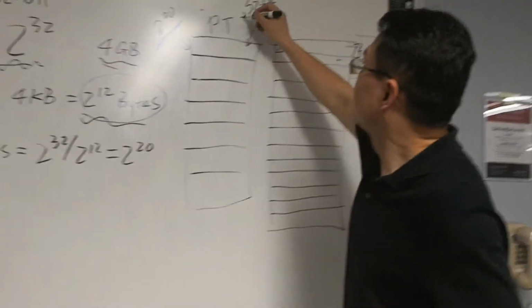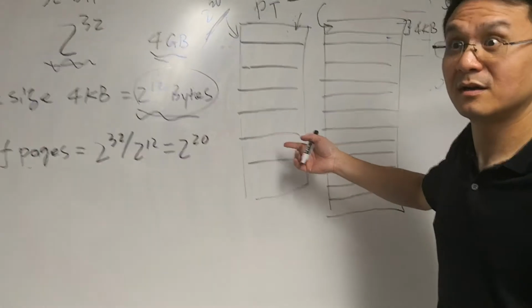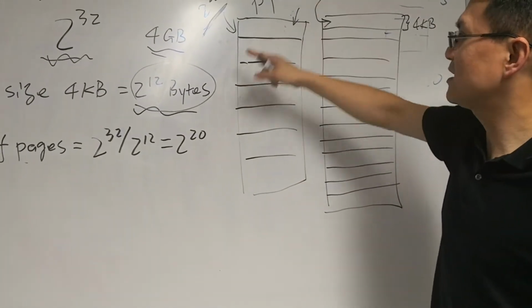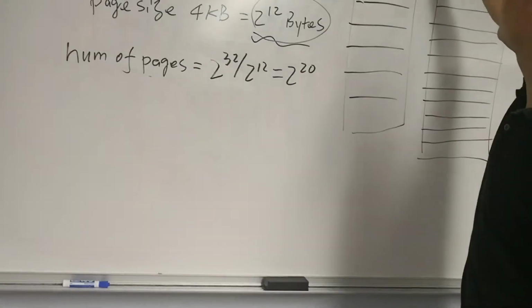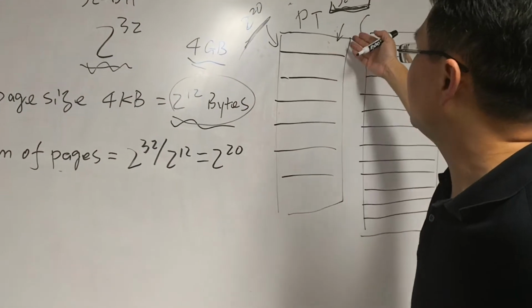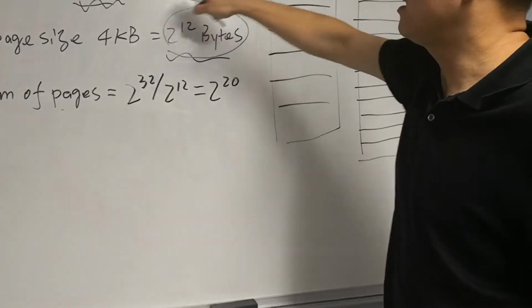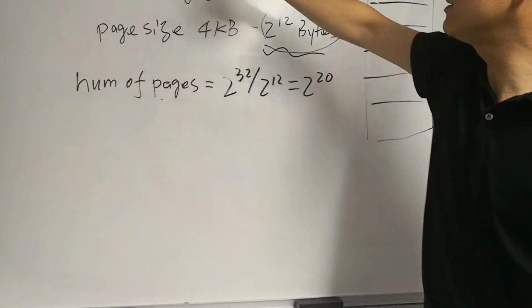So essentially it's just how many pages you have. Normally they set up each page table entry the same size as the system word size, 32-bit, but you don't need that many.